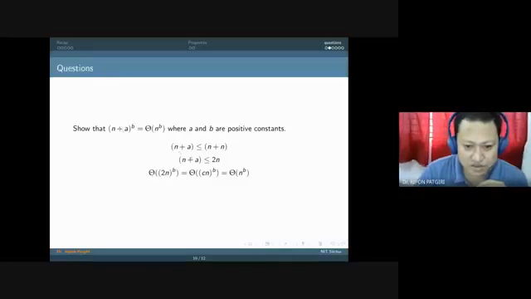If we replace n + a with 2n, since 2n is greater than n + a, we get (2n)^b, where 2 is a constant, so c(n)^b. So it becomes Θ(n^b). Hence proved.